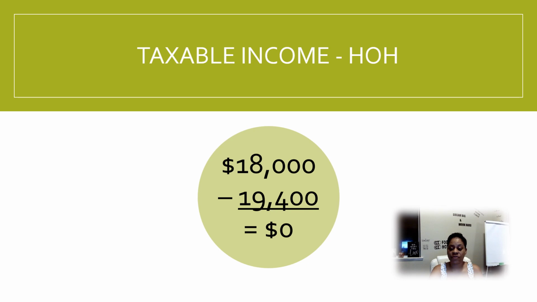So for someone who's filing as head of household, let's say they made $18,000 for the year. As head of household, their standard deduction is $19,400. So when we subtract that from our gross income, it would be a negative number, but we can only reduce our income to zero. Okay, and that is the goal.